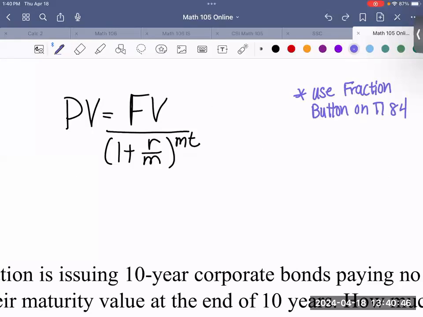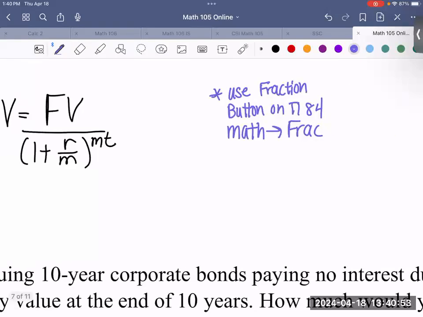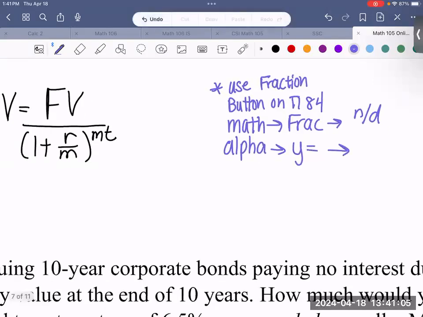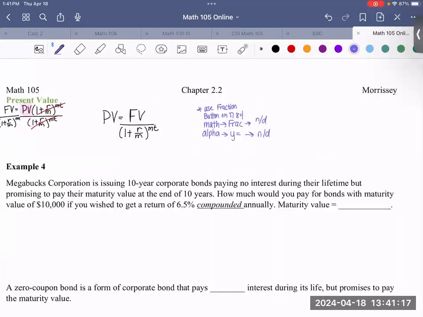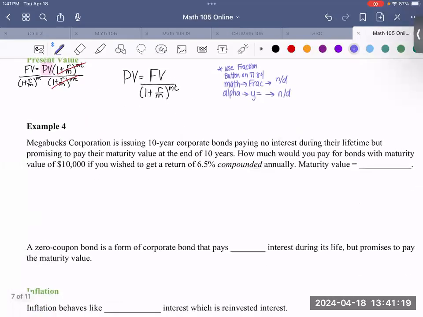To get there, you can hit the math button, over to where it says frac, and then it says something like n/d. Or you can hit alpha, the green button, y equals, and then again, one that's labeled n/d. So they're located in a couple spots. I'm sure there's more places to find it, but these are the two that I'm aware of. Okay, so let's move on.